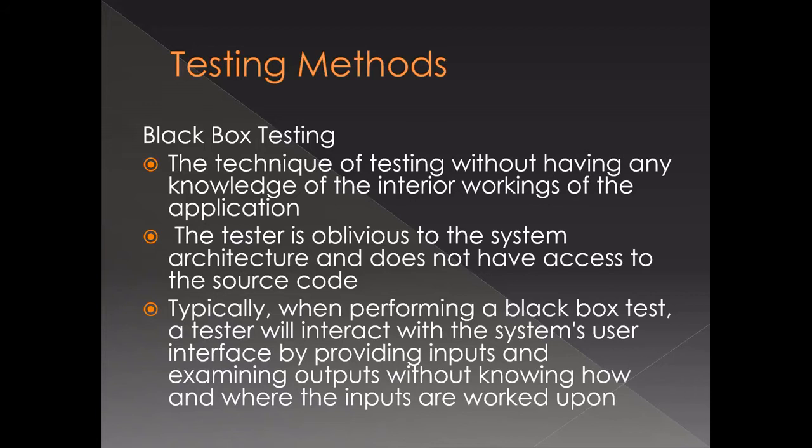And for validation, this type of testing is used. Black box testing is not just one method, it is a generic name, a classification. We will also discuss two methods, and there are more methods under black box testing.